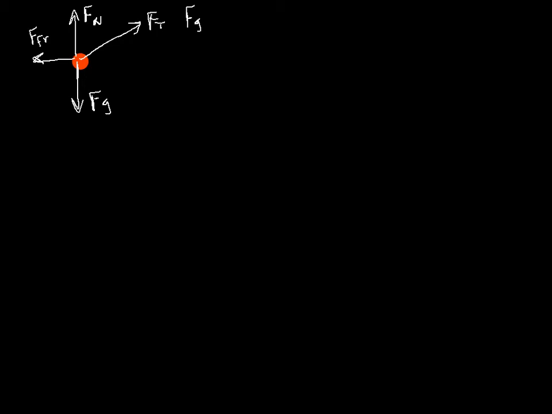And you have to label what each of these forces represent. So the Fg, the Fn, the Fr, and the Ft. The first one is the gravitational force of the Earth on, and because we're looking at the sled and the girl as a whole system, we'll say the gravitational force of Earth on the system.